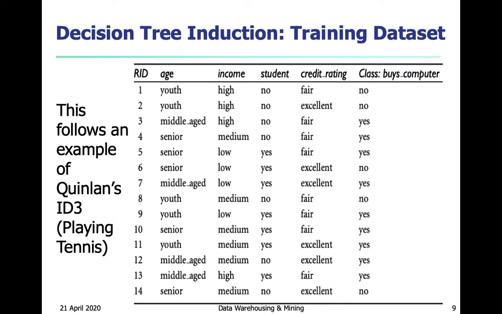Their representation of acquired knowledge in tree form is intuitive and generally easy to assimilate by humans. The learning and classification steps of decision tree induction are very simple and fast. Decision tree classifiers have good accuracy also.